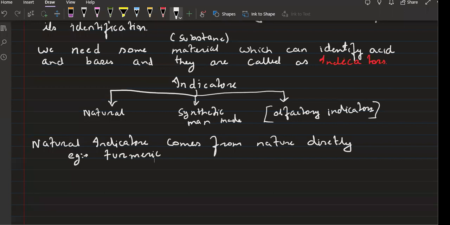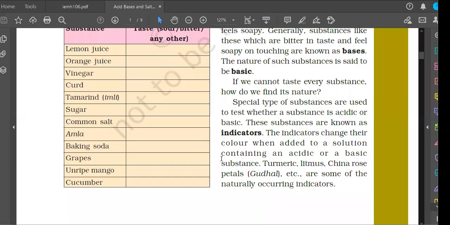Now there are other indicators also, right? So I can say that indicators are a special type of substance which can test if a substance is acidic or basic. That's what I said, right? How does it do so? It does so by showing some change.